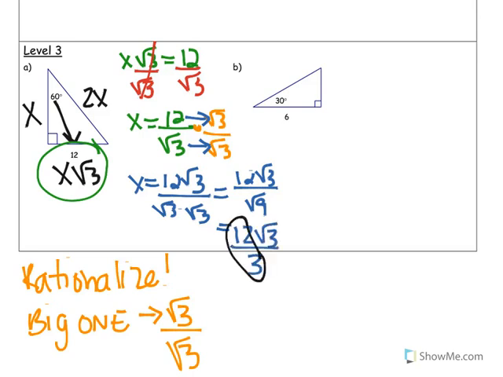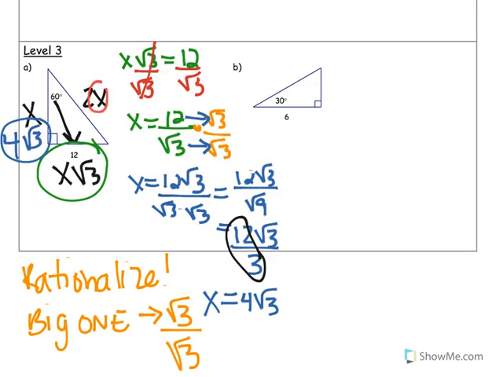And then we can divide. What's 12 divided by 3? That's 4. So that answer is 4 root 3, and that's what I solved for x. Okay, so I can plug that in over here. This side length would be 4 root 3. And then I still have to plug in for the hypotenuse.